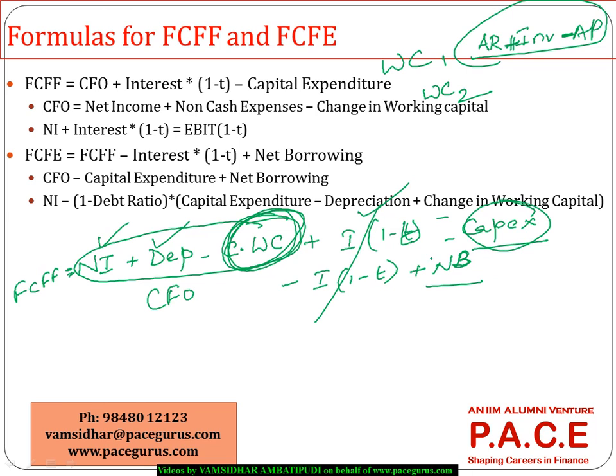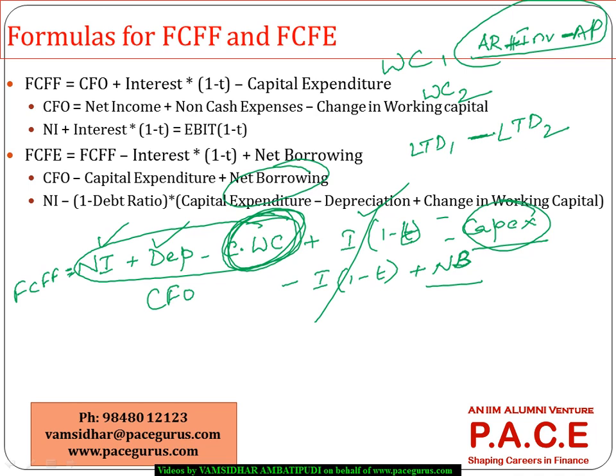Similarly, you can look at capital expenditure from the balance sheet, the gross fixed assets. You subtract year 1 gross fixed assets from year 2 gross fixed assets to arrive at capital expenditure, and that can be used to compute FCFE. And when we are talking about net borrowings, you look at the long-term debt of year 1 and long-term debt of year 2.